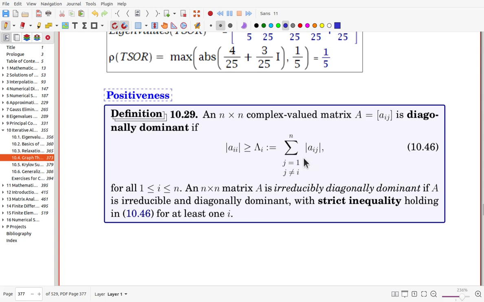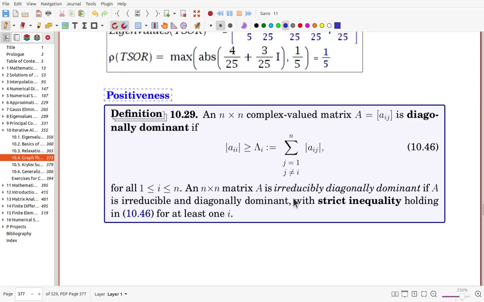So the diagonal entry in modulus is not smaller than the summation of the other entries in modulus. Then we say diagonally dominant, reasonable name, right?